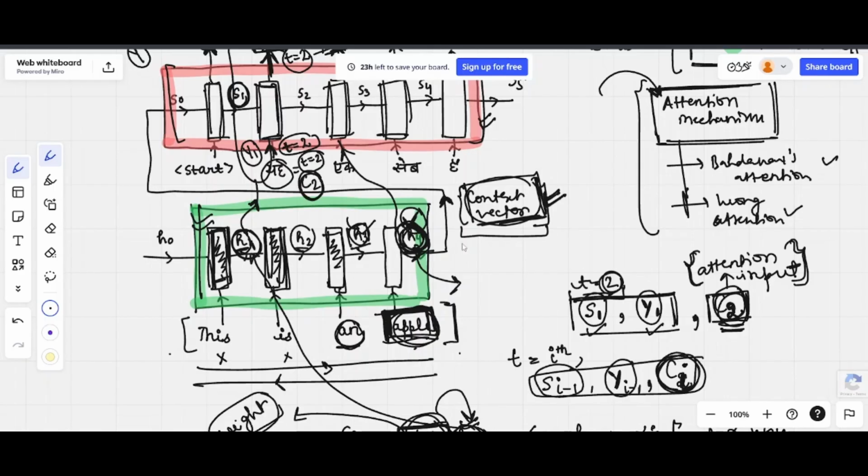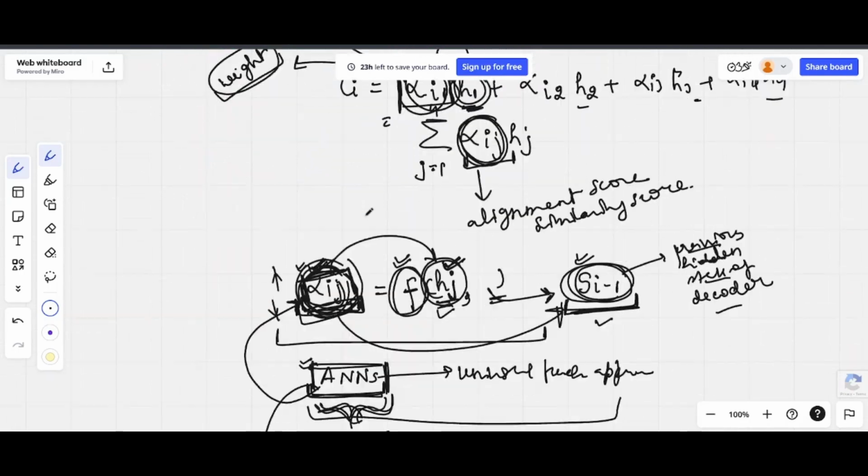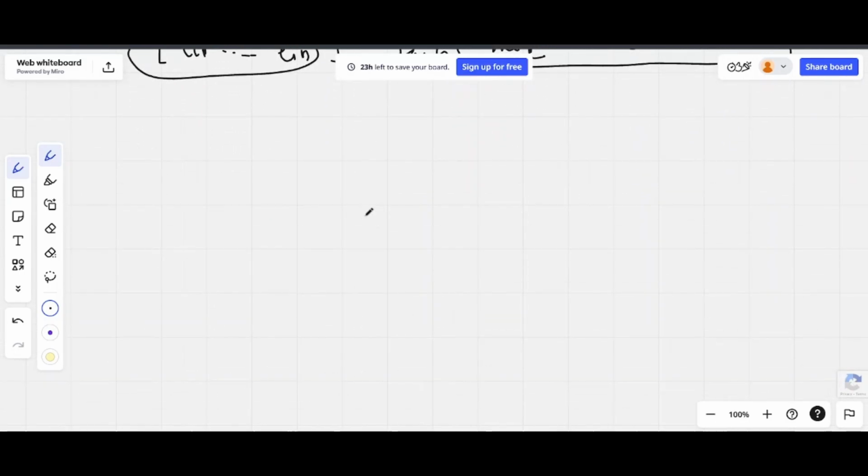I think there's a lot of mess that I have created here. Let me pause the video and create this architecture again below. I will explain the details then, because that will be easier for you to follow along. So hold on for a moment.